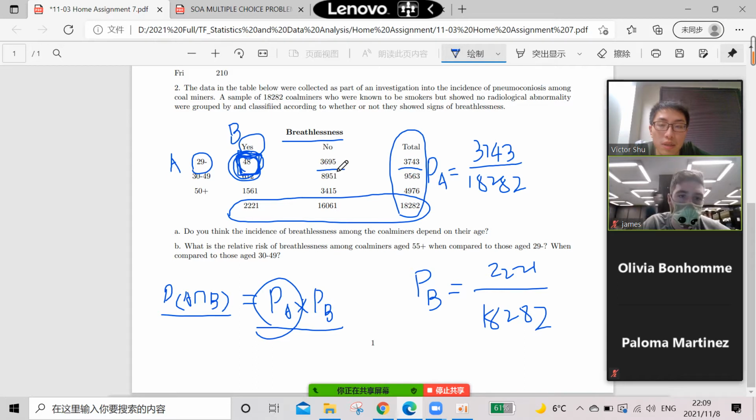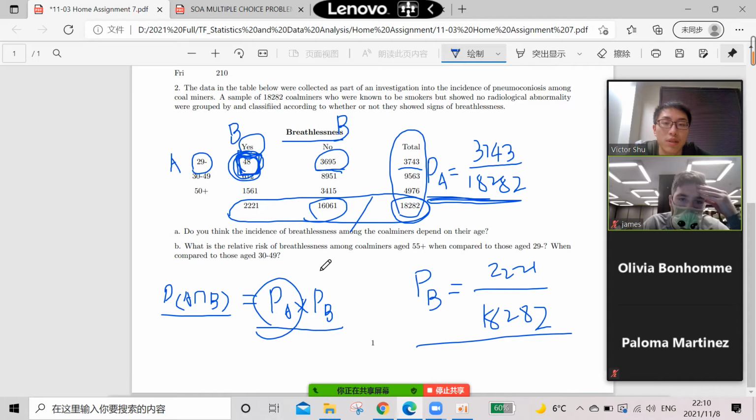A is still my age being under 29 years old, but B becomes I don't have breathlessness, right? So in the second column, when we calculate this number, PA won't change, but PB will change. PB here instead uses this number divided by the total number of people. This is our probability of not having breathlessness.